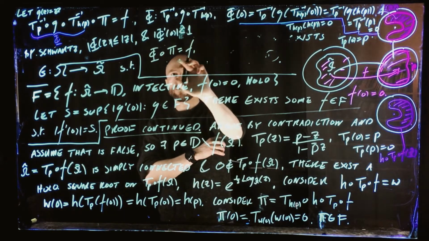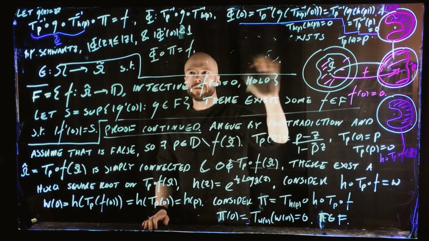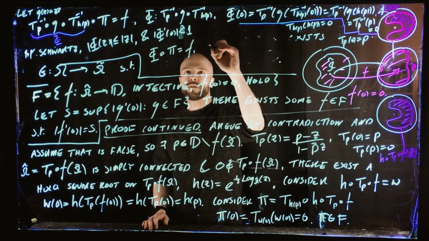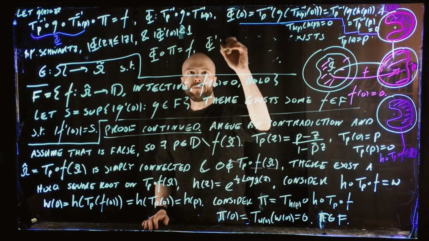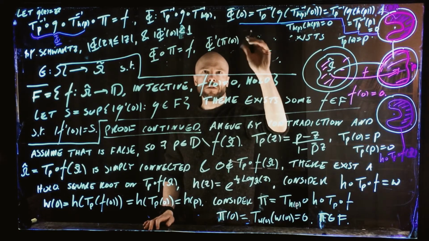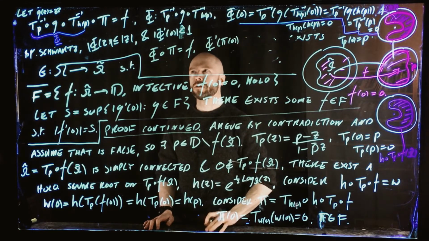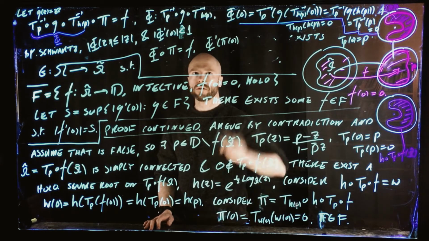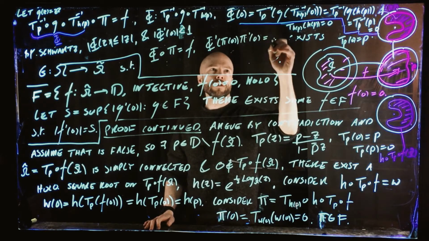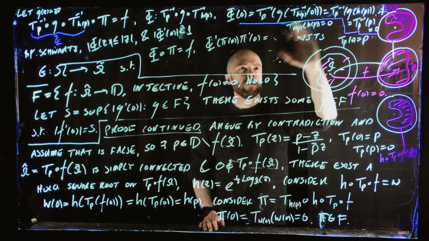And therefore, if we take the derivative, we're going to have that phi prime of pi of 0 times pi prime of 0 is equal to f prime of 0.